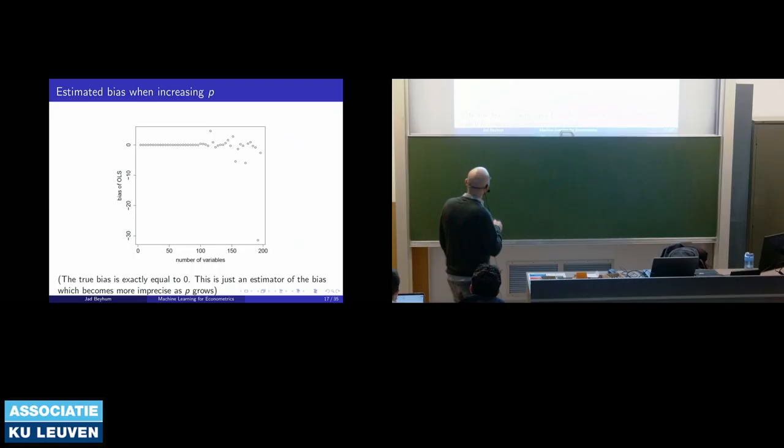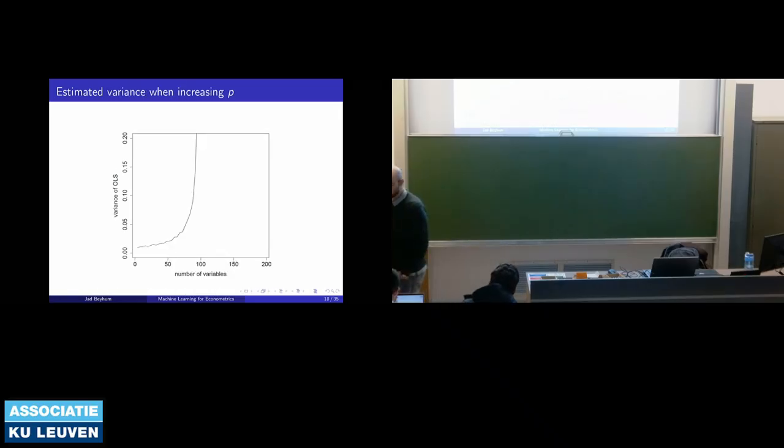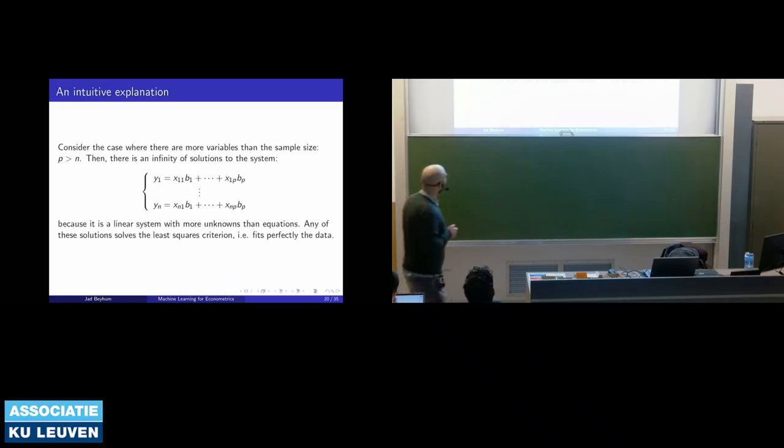In particular, what we saw through simulation is that when you increase the number of variables, while the bias of OLS was always staying 0, theoretically the variance of OLS was exploding. And what was happening here is this phenomenon called overfitting.